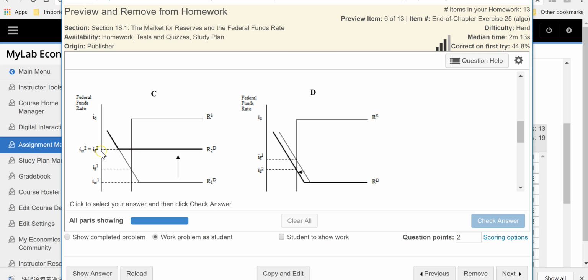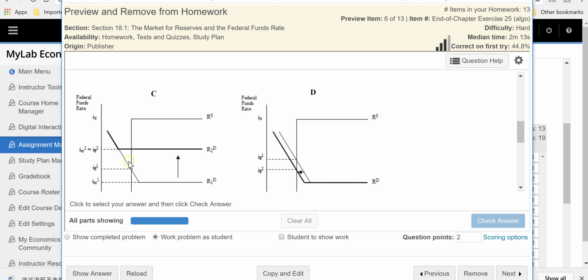You can compare IFF2 with IFF1. You can see that it increases, but because it stays on the same vertical portion of the supply curve, and we know that the same vertical portion means non-borrowed reserves, right? Non-borrowed reserves will stay the same, and borrowed reserves will be zero regardless, right?